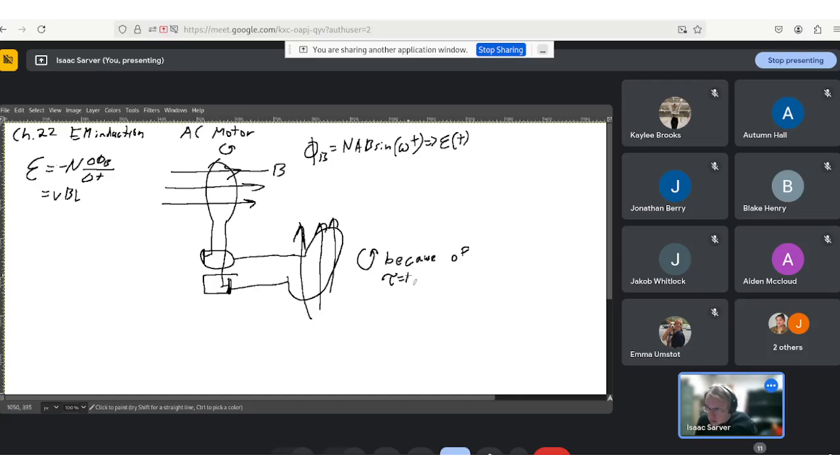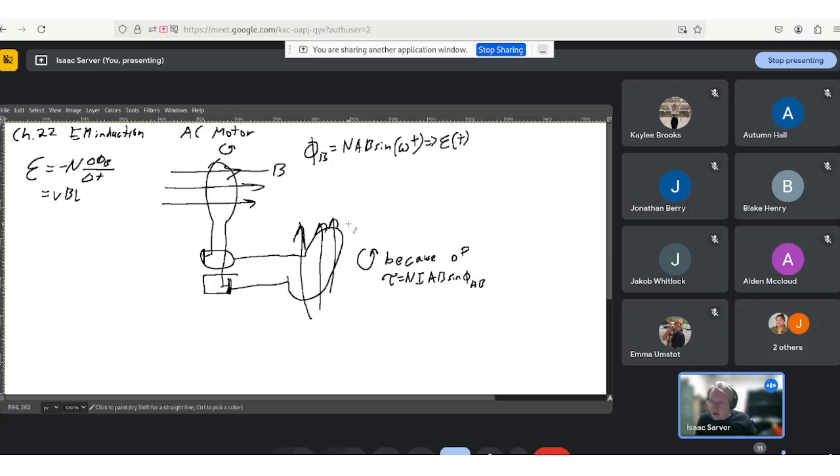Torque is equal to N I A B sine of phi, between A and B. So this guy is going to be rotating because of this torque here, because of the current and the magnetic field and all that. So he's going to be rotating, right?